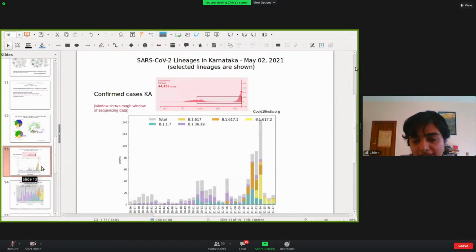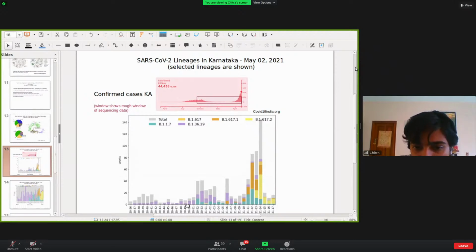This is sequencing efforts through the INSACOG initiative as well, and data from both NCPS and NIMHANS combined. And what you can see is that over time, the lineages have changed as a fraction of the total number of sequenced SARS-CoV-2 genomes.